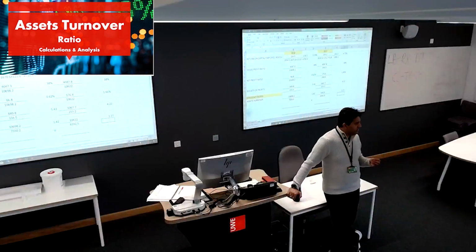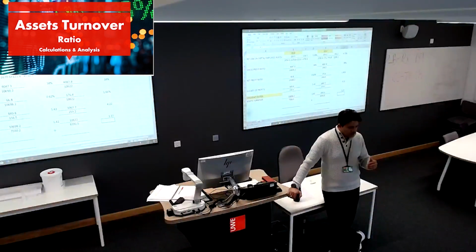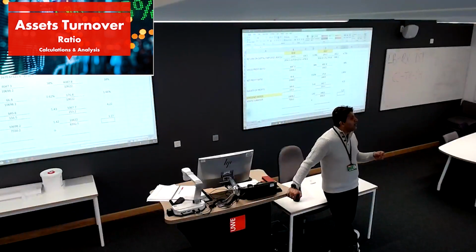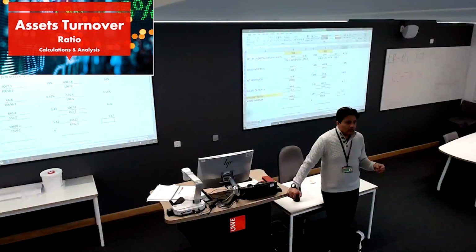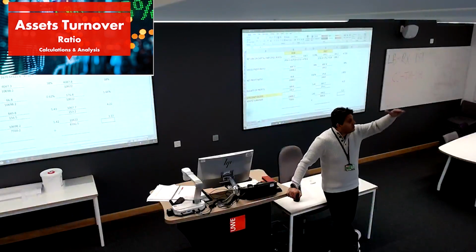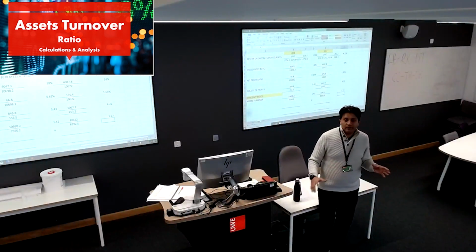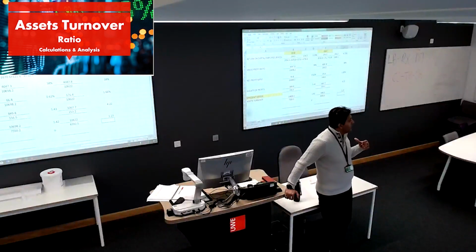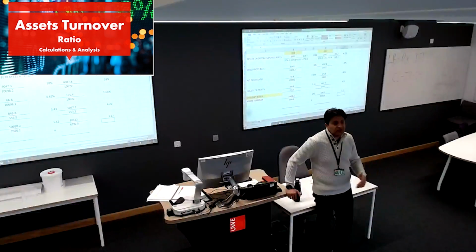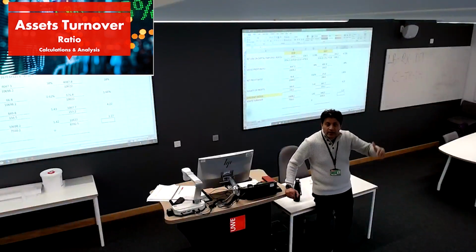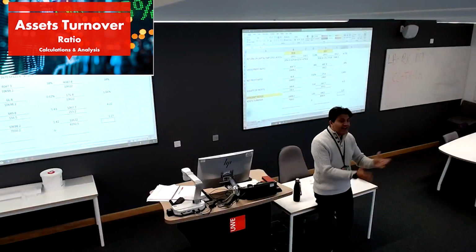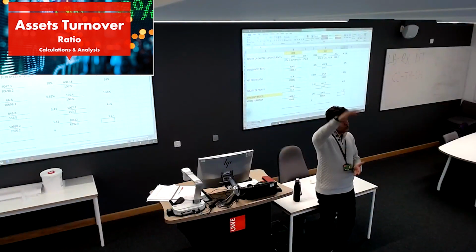Another reason for this ratio to be lower is that many retailers in the UK tend to own their buildings, which makes their asset base too high and makes the difference smaller. Most of the buildings used by Sainsbury's are owned by them, which means their assets are too high. If they sold those buildings and rented them back, this ratio would shoot up.